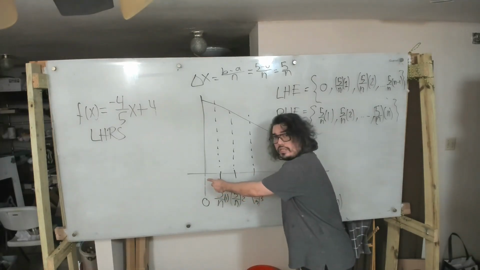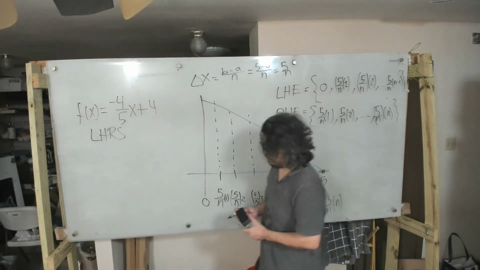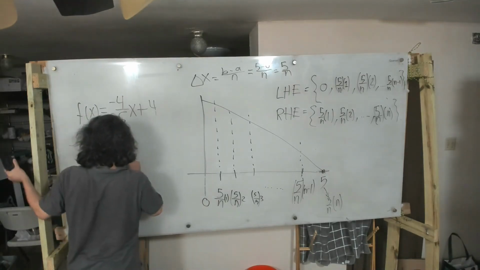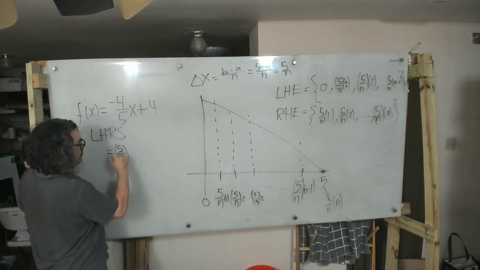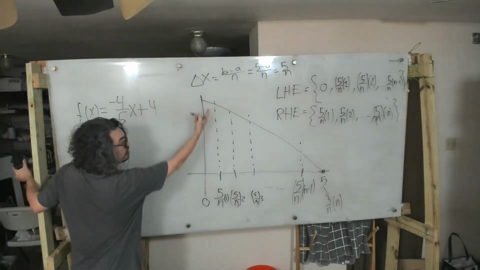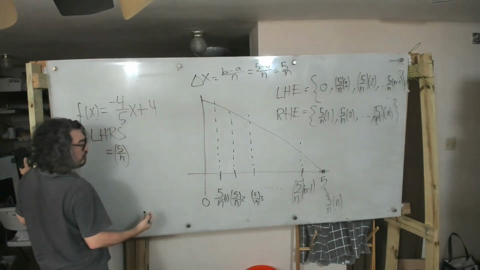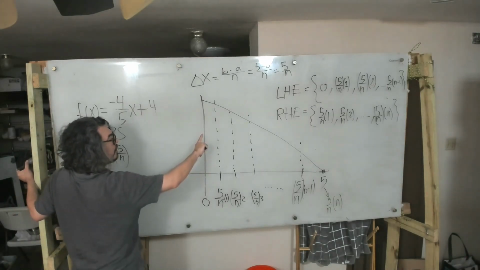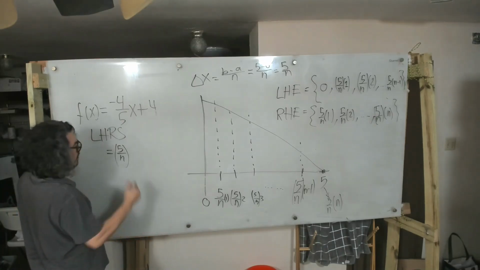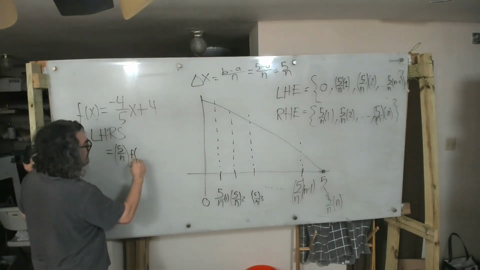In this case, the width of the rectangle is 5 over n. So our left-hand Riemann sum will be 5 over n for the first rectangle times the height of the first rectangle. Now in this case, the height will be the function value at 0 because we're doing the left hand. So for right now, I'm going to write that as f of 0.